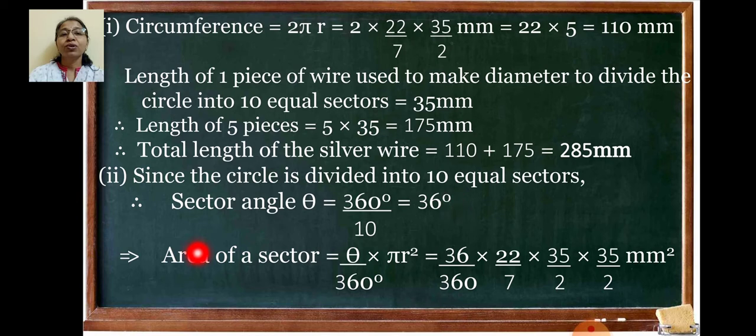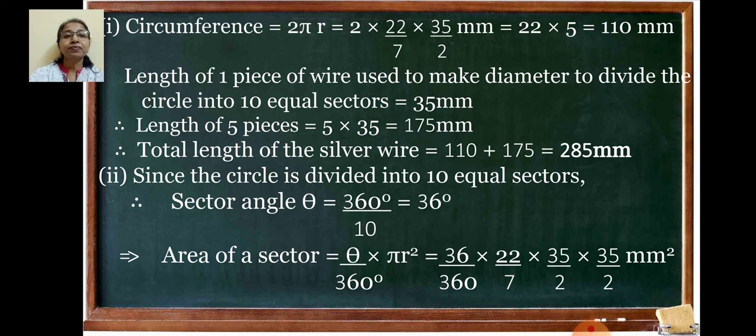So therefore, the area of a sector formula is theta divided by 360 into pi r square. Substitute the value. Theta 36 degree upon 360 into pi, 22 upon 7, into radius 35 divided by 2 into 35 divided by 2.